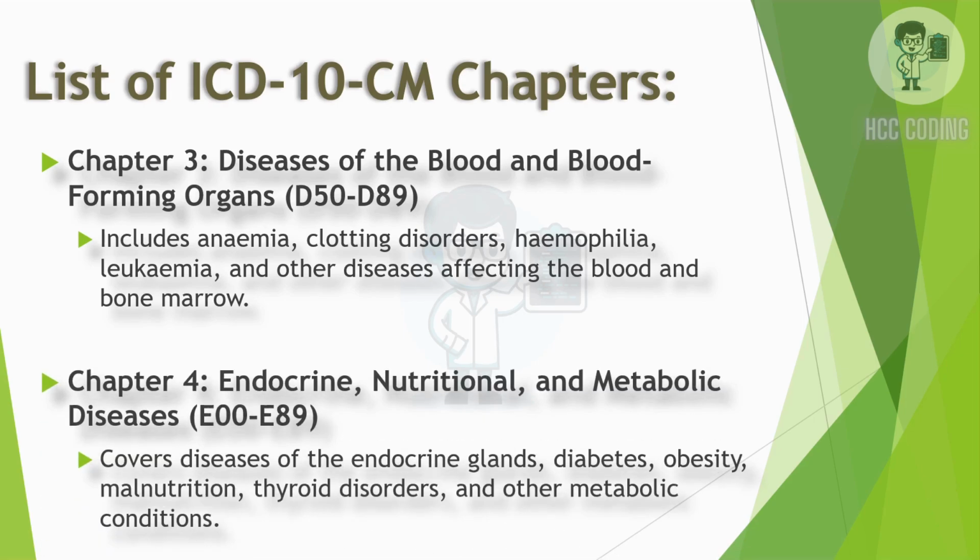Coming to chapter 4, the name is Endocrine, Nutritional and Metabolic Diseases, where the category starts from E00 to E89. It contains different endocrine gland disorders like diabetes, obesity, malnutrition, thyroid disorders, and other metabolic conditions.